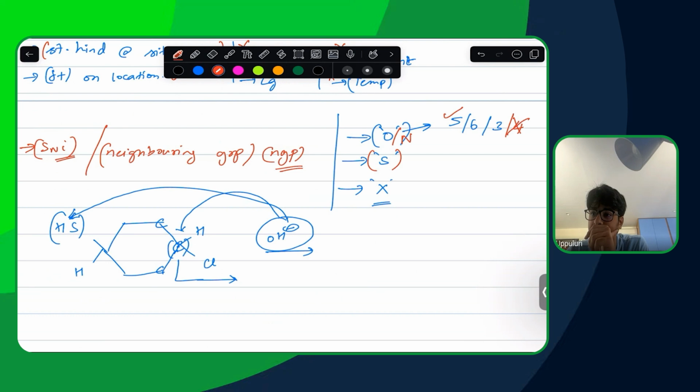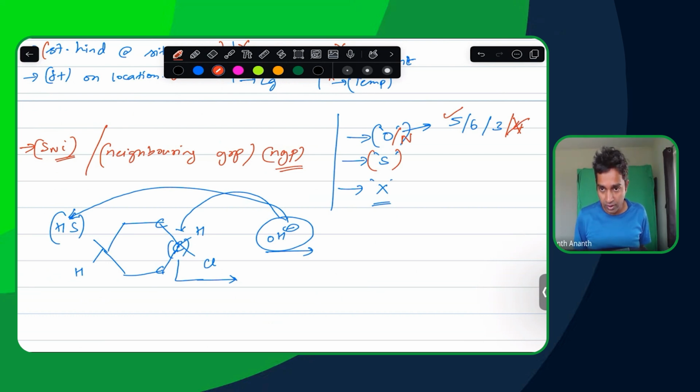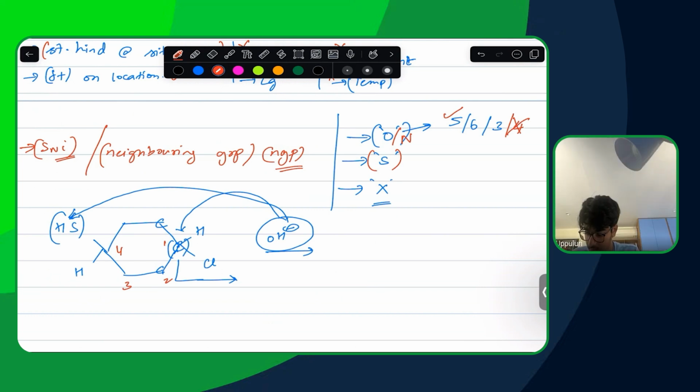So this is a planar form here, correct? In this planar form, you're being given clearly that the chlorine and the sulfur are on opposite locations. This is 1, 2, 3, 4. If I'm considering carbon 1 and carbon 4 in chair form, will they be in the same conformation? One second.